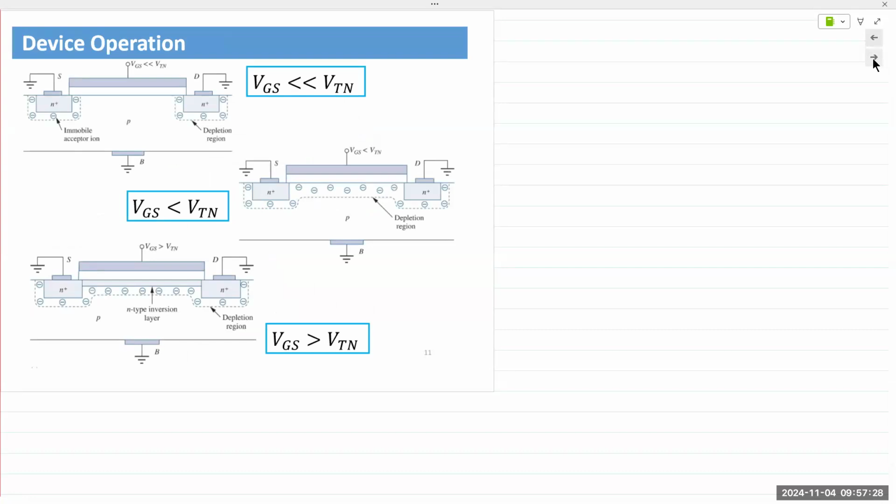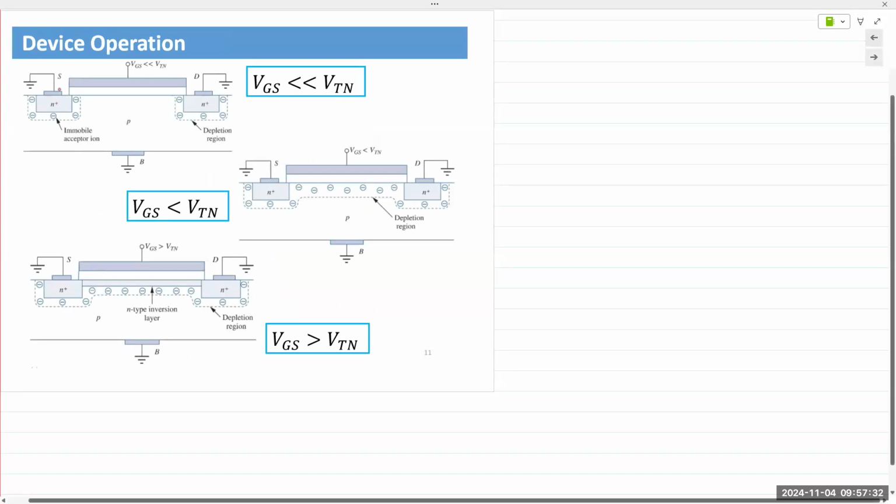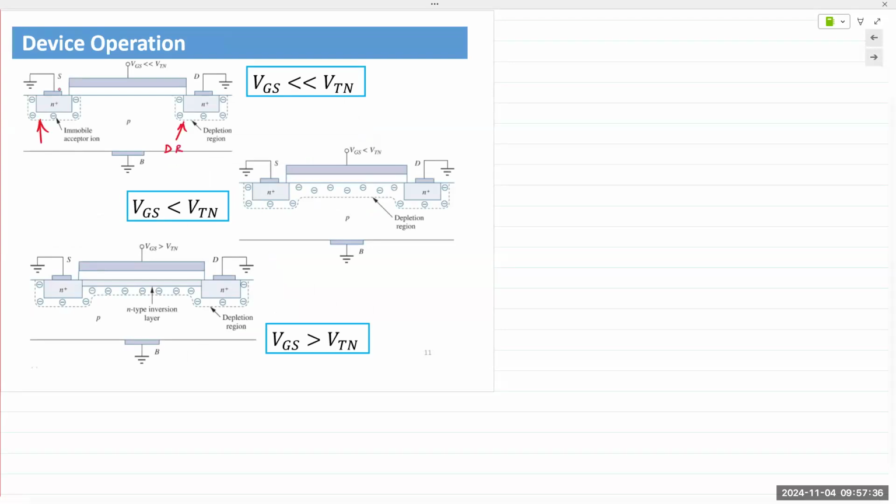We have two depletion regions at the drain and the source, right? Both are N-type materials implanted in P-type materials. Reverse bias keeps it off. There's a depletion region that exists.